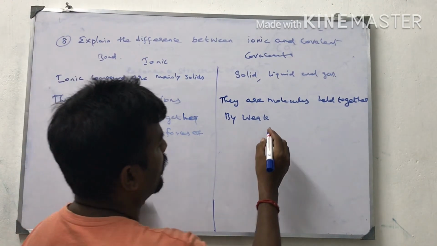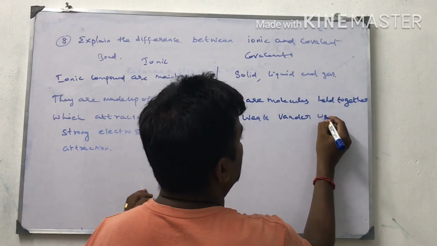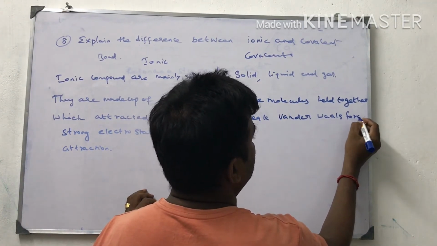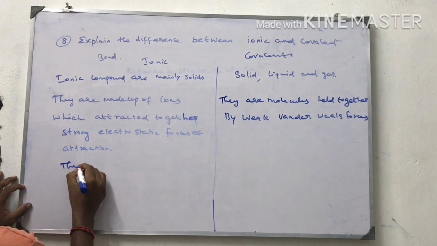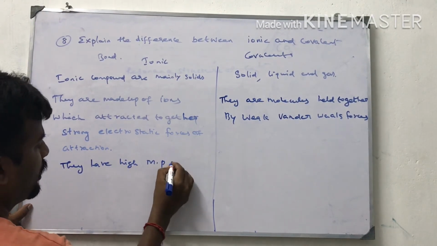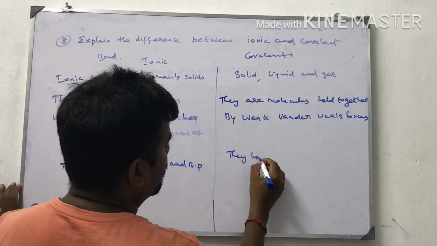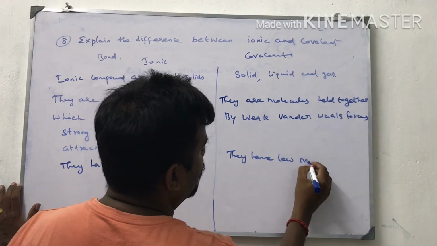Ionic compounds have high melting point and boiling point. Covalent compounds have low melting point and boiling point.